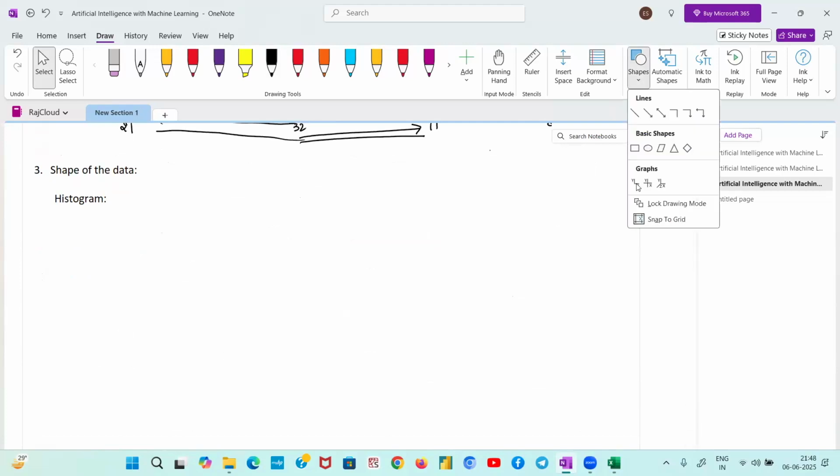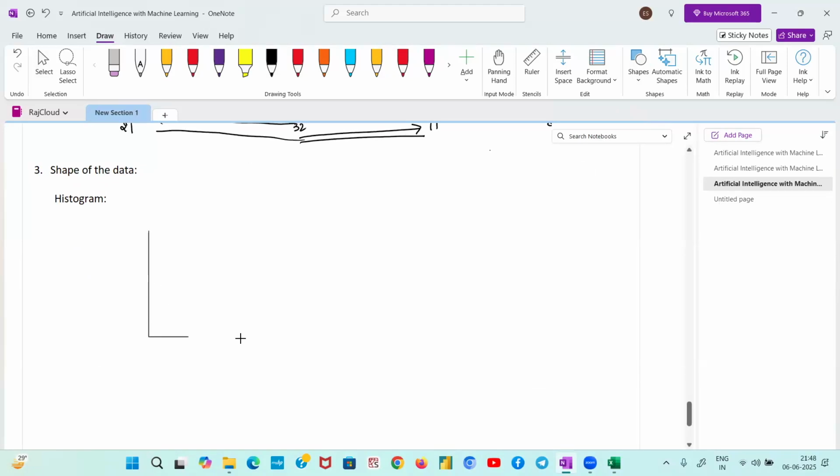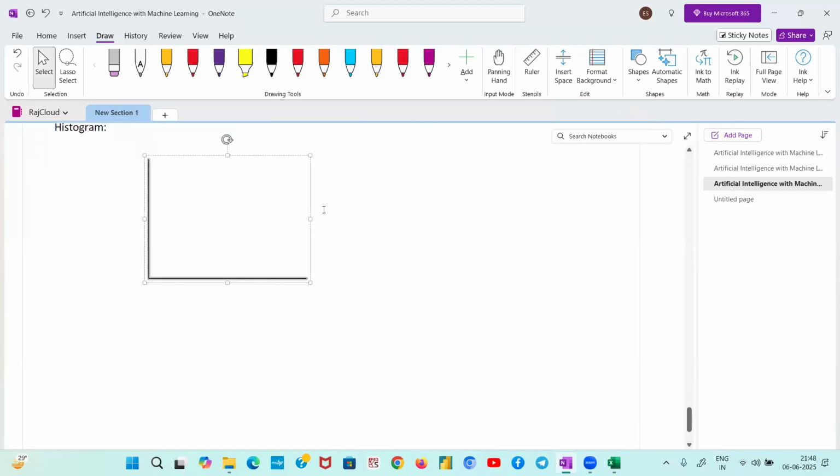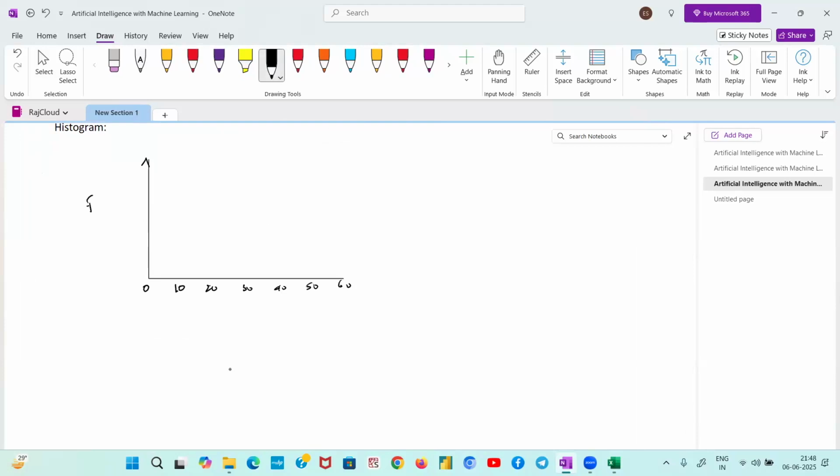How does it look? Like this. Class intervals, frequencies. It's about these places for 0 always. And this is like 10, 20, 30, 40, 50, 60, 70 and so on. So what will be on the y-axis here? Frequency.